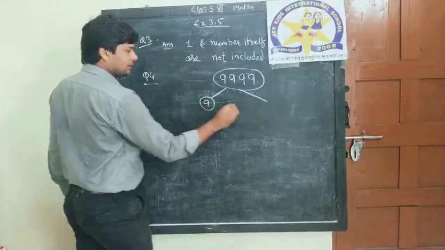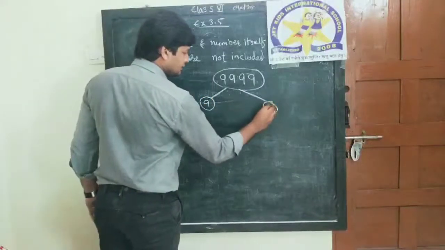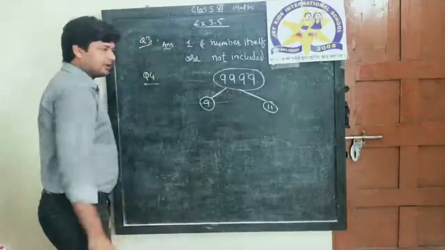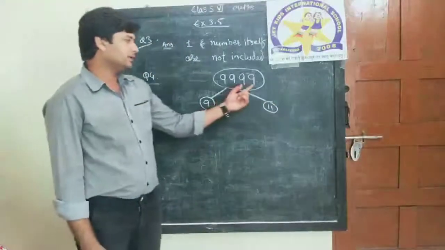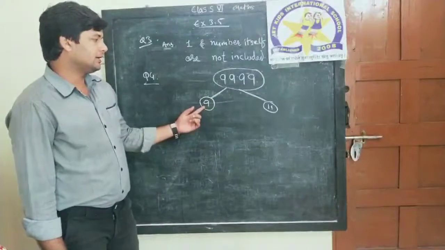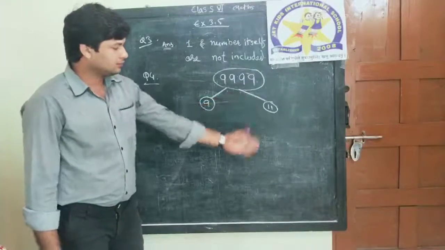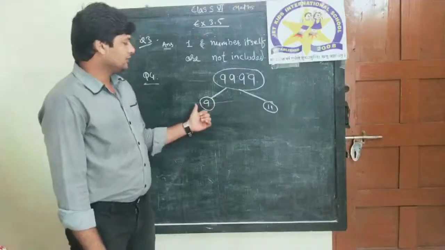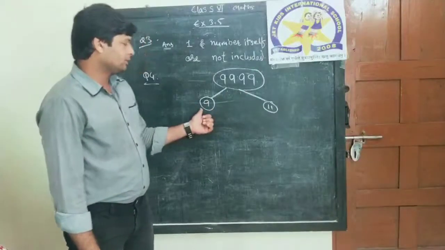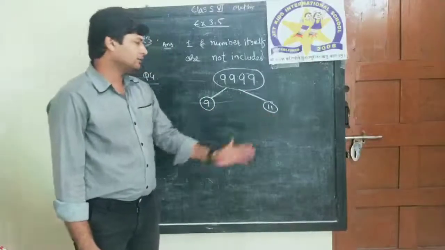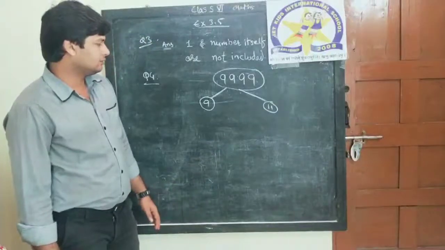9999 is divisible by 9. We can take 3, but it will be a little lengthy. Here we do not have place, that's why we can take 9 directly. 9 multiplied by 1111, right?